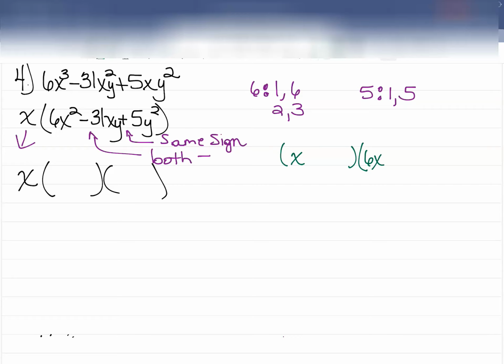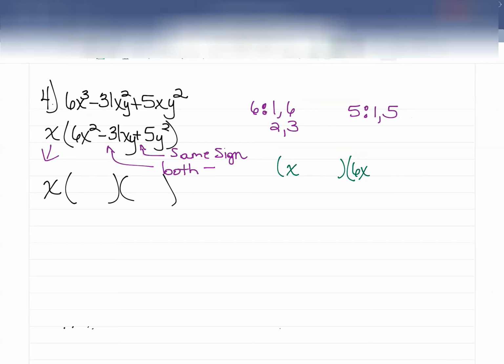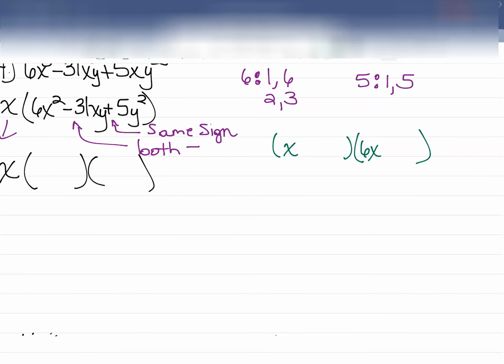So I'm going to use the 1 and 6 first. The first term had x squared, so I'm going to have 1x and 6x. On the back one, I only have a 5 and a 1 to play with. So I'm going to put the 5 up front, 1 in the back, and maybe I'll look up and get it. Five times 6 is 30.